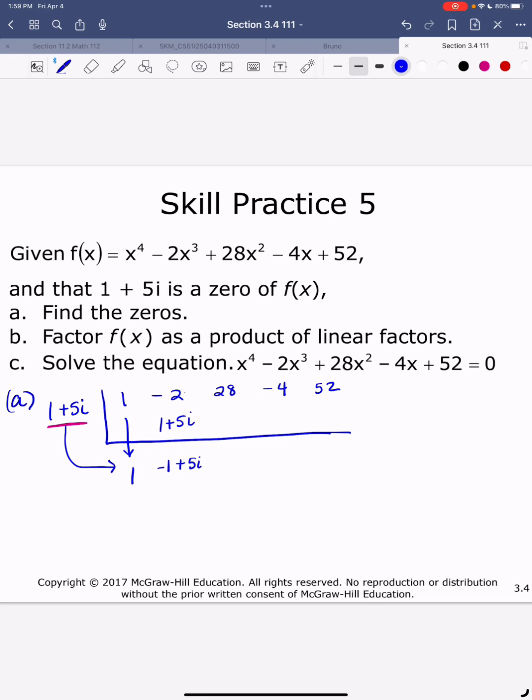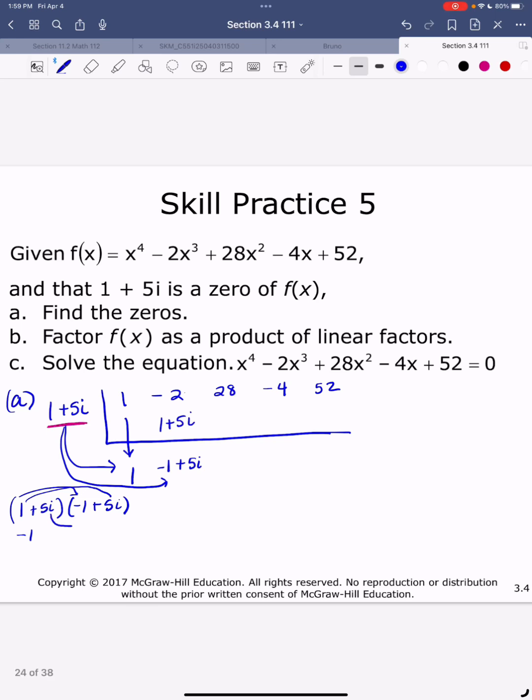Now, I need to take 1 plus 5i and multiply it by the minus 1 plus 5i. So what I have here is 1 plus 5i times minus 1 plus 5i. When I FOIL this, I get a minus 1. 1 times 5i is going to give me a positive 5i.